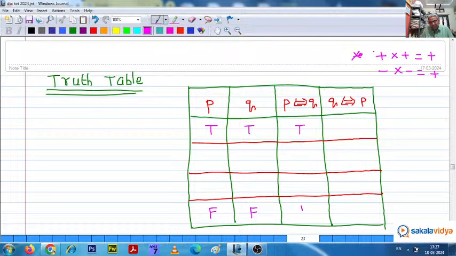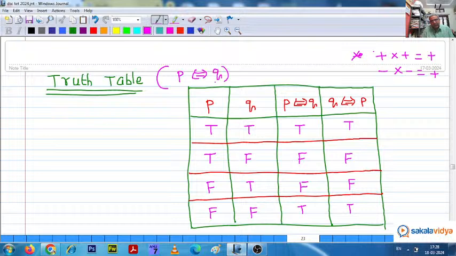In all the remaining cases it will be false. For example, true and false is false, and false and true is false. This is the truth table for the biconditional of P and Q.